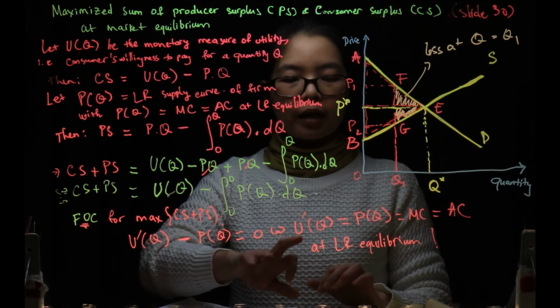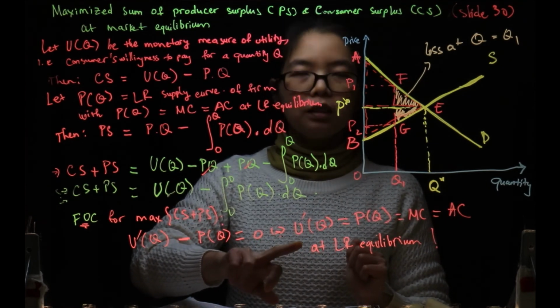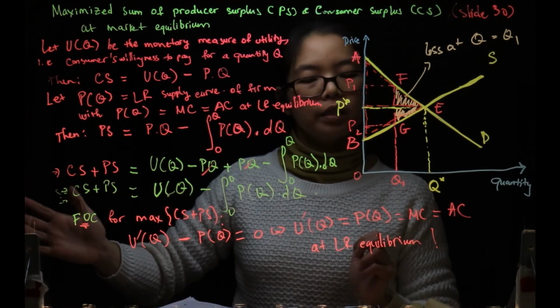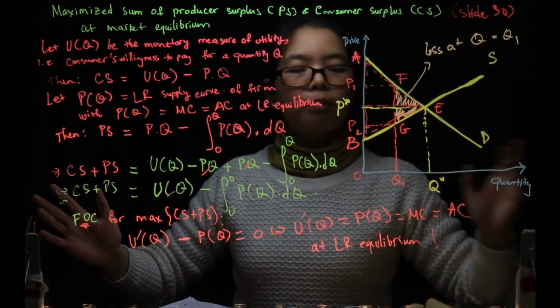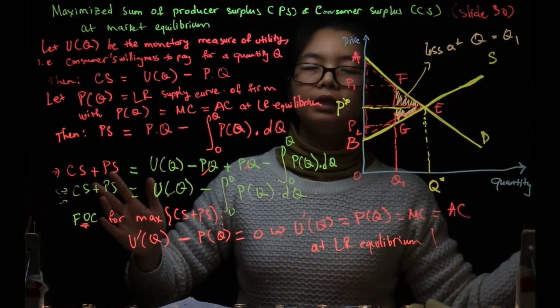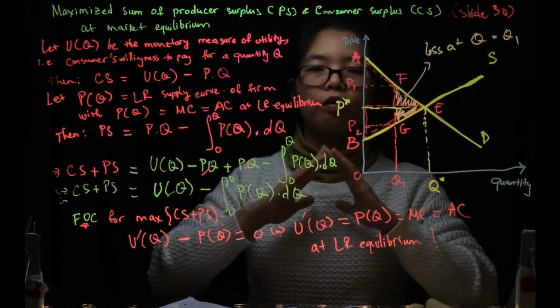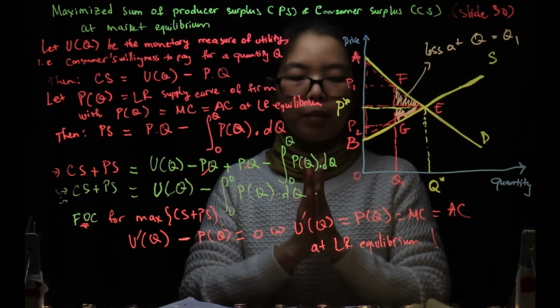It says that the marginal utility from the consumer side must be equal to the marginal cost of the producer from the other side, in order for the sum of the surplus, this area, to be maximized.